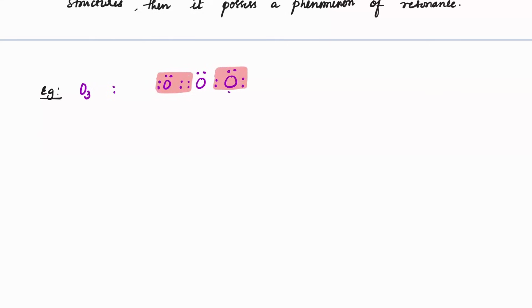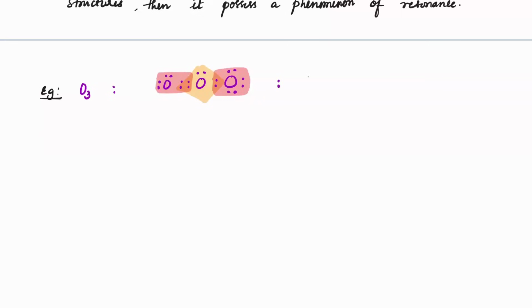Sorry, I need to put 2 more electrons here. So it has finished this 8 electrons. And then at the center also, we can see this oxygen has completed its octet. Another 8 electrons, right? This is O3 form.